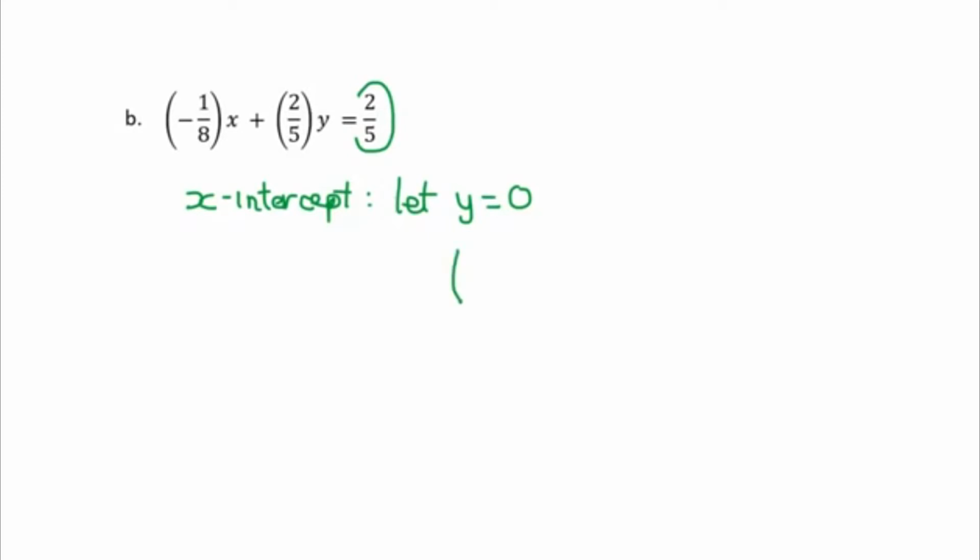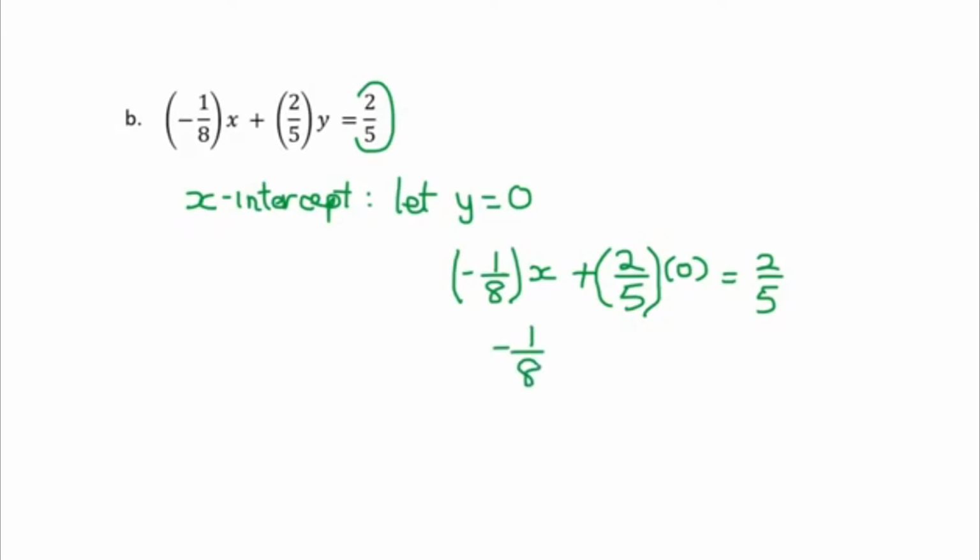We have our negative 1 over 8 x plus 2 over 5, but in here our y is equal to 0, and then this is equal to 2 over 5. So once we have that, we know that 2 over 5 times 0 is equal to 0, and what we're left with is negative 1 over 8 x is equal to 2 over 5.